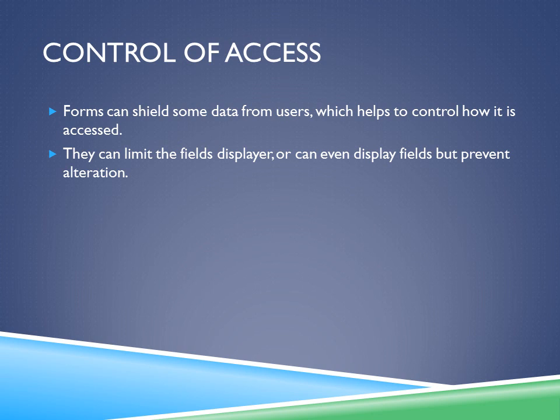You can set it so they can merely see the field, or so they can edit it, or neither. So it allows for a lot of control over what the user can do. And in most cases, users should not be allowed to edit automatically assigned identification numbers, which are used as key fields, because this could really mess with the form. So having this freedom to block users' access or limit it is a really big plus for forms.